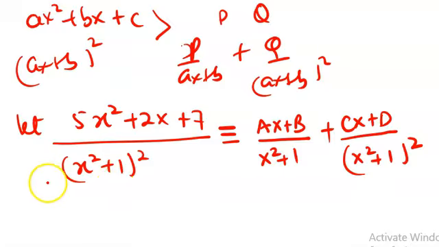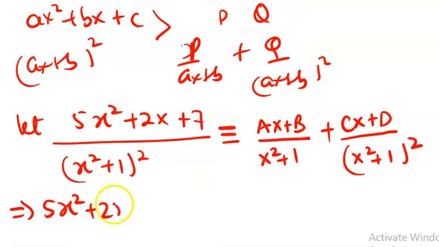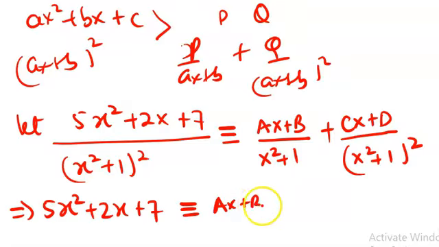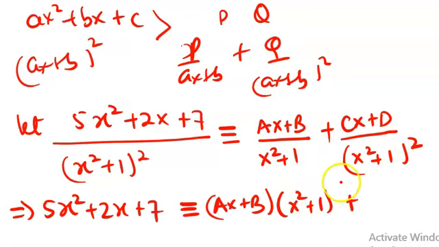To do that, we can multiply through by the LCM, which is x squared plus 1 all squared. When we do that, on the left hand side we are left with 5x squared plus 2x plus 7, which is equivalent to, on the right, the square cancels one factor, so you have ax plus b times x squared plus 1, plus cx plus d.